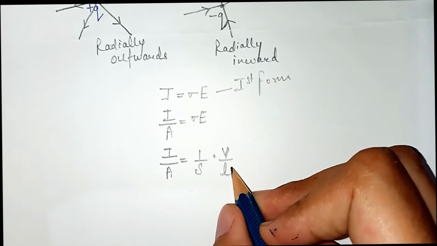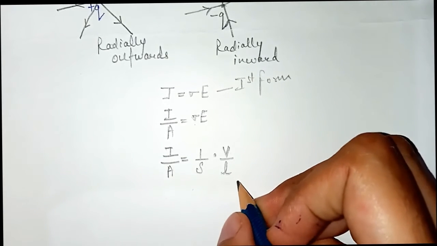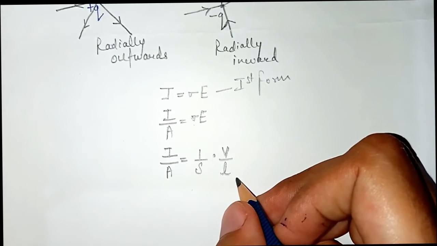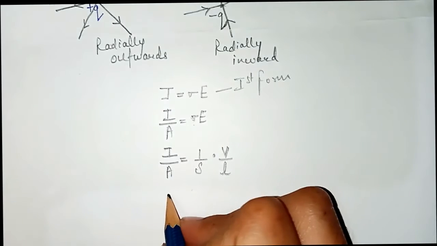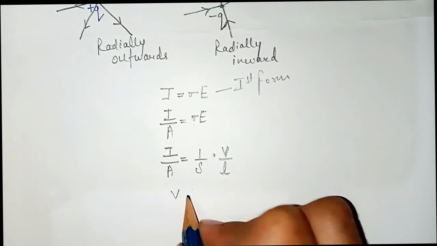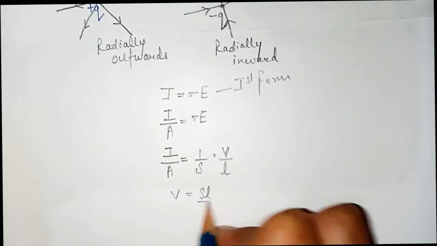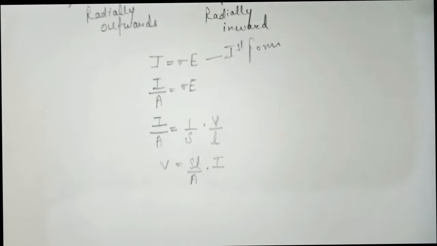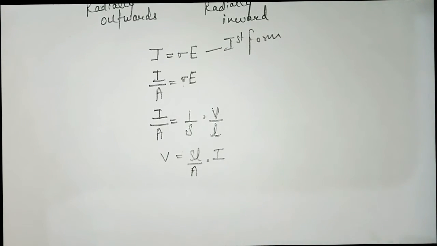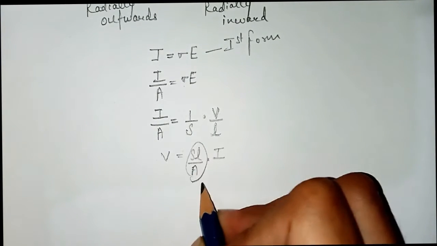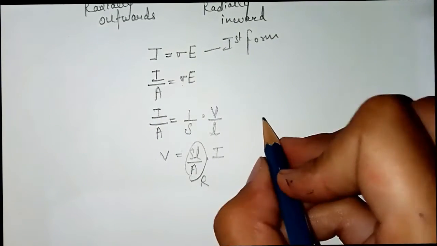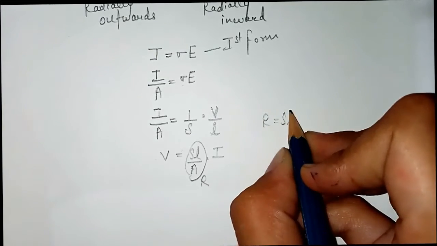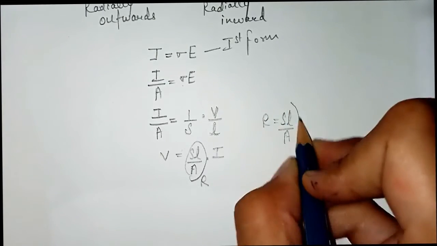You must know that because you studied this formula in the electrostatics unit of your plus 2 class. From here V is equal to rho L by A into I. Let rho L by A be equal to R. Thus R is equal to rho L by A.